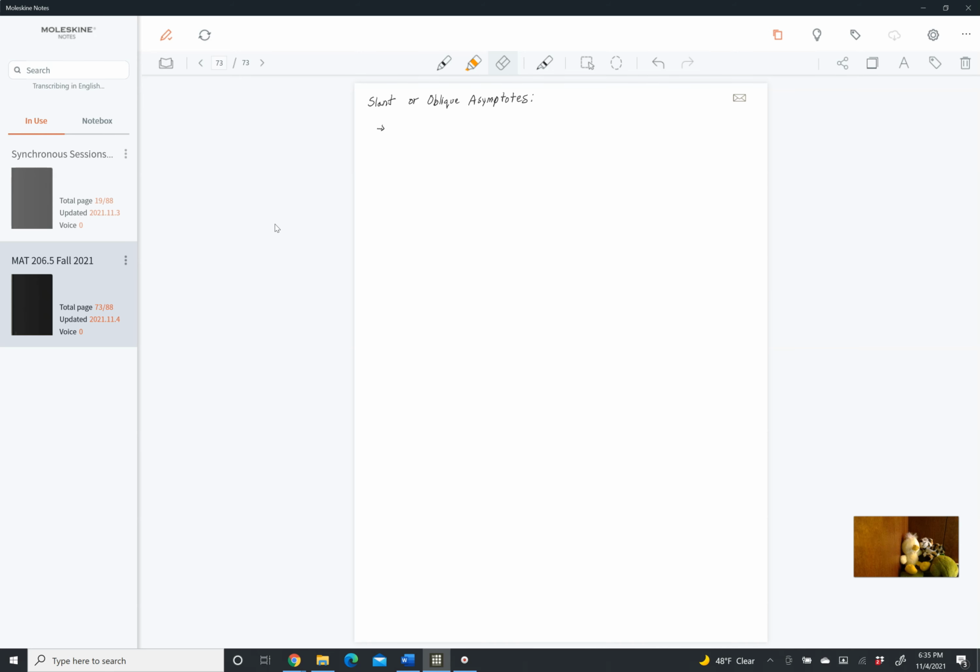So a couple of things about these. It only exists if the degree of the numerator is 1 more than the degree of the denominator. So if the degrees are different by any other amount, there is no slant asymptote. The other thing is that you can't have both a horizontal asymptote and a slant. So if you see that you have a horizontal, you don't even have to bother looking for a slant because, again, it wouldn't be a function, okay?